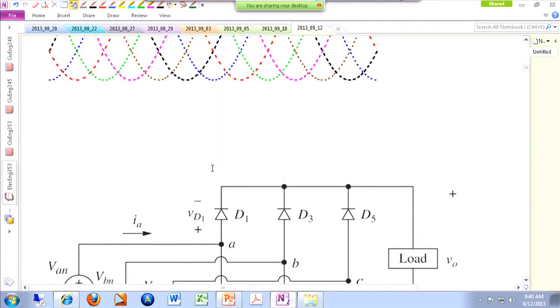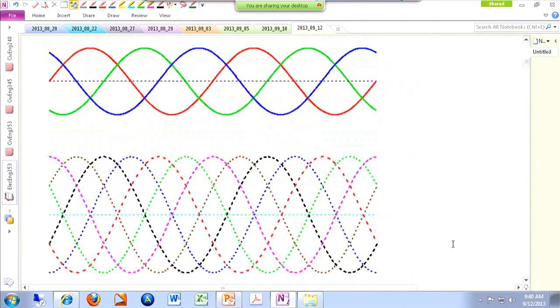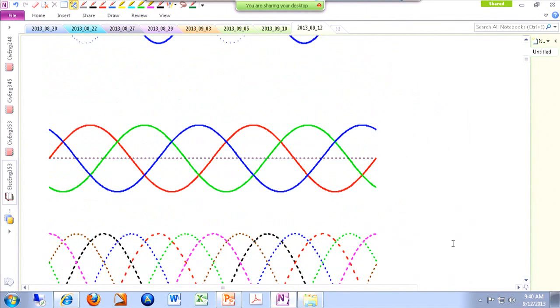So let's look at our three-phase system. We have the phase A voltage, the line to neutral voltage of phase A. And then I hope you guys are not colorblind.